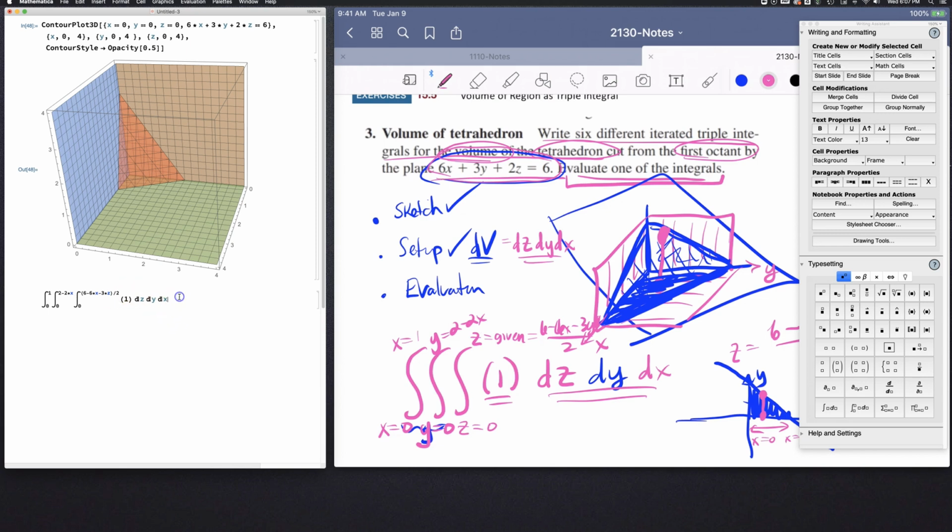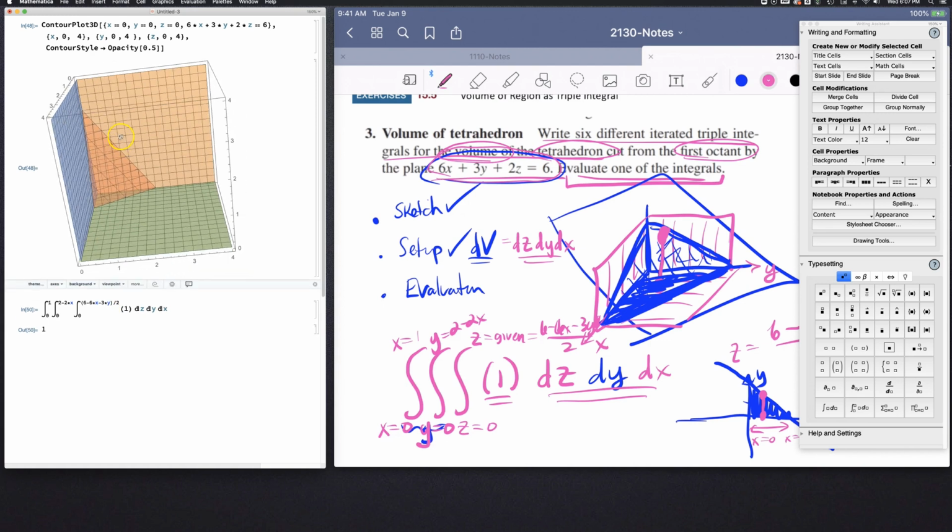So when you evaluate that volume, you will get, oh, you see that I should have gotten a number. That means I've done something wrong here. And something wrong I did was I mistyped the plane, so that should be minus 3 times y. So you get 1 again as our answer. It's a bit anticlimactic.